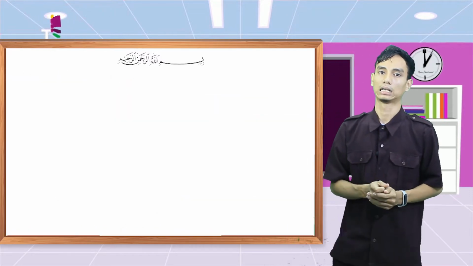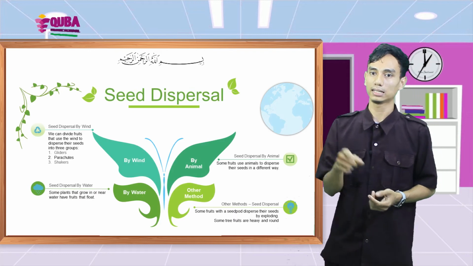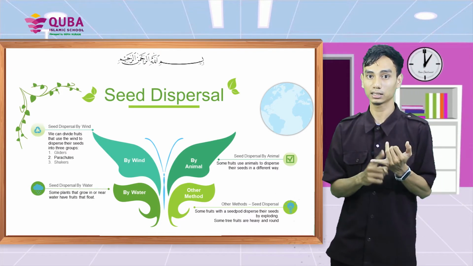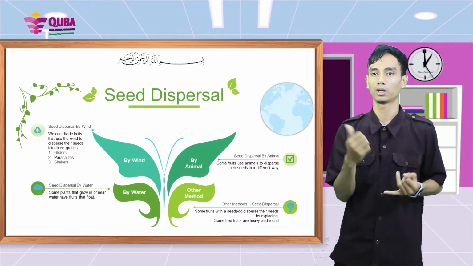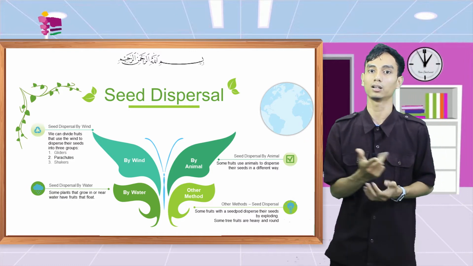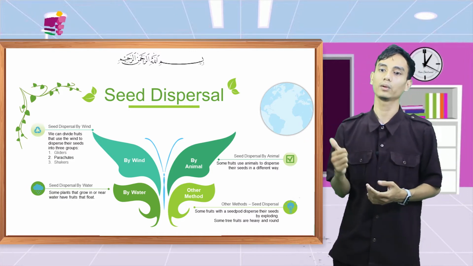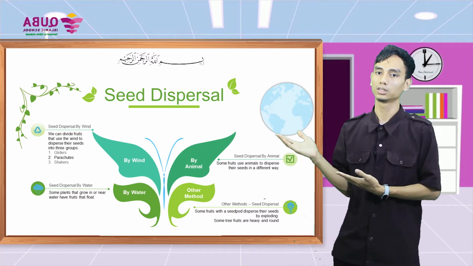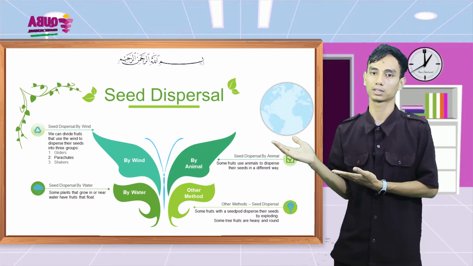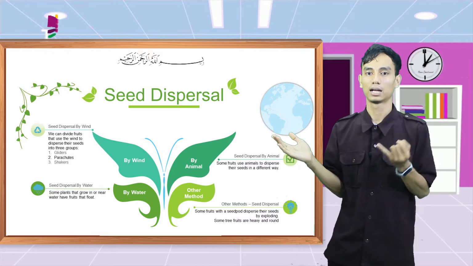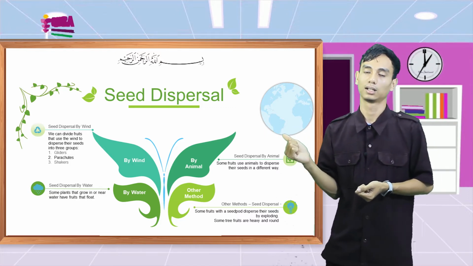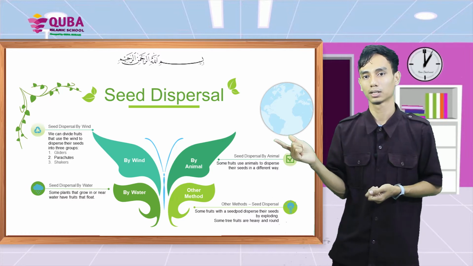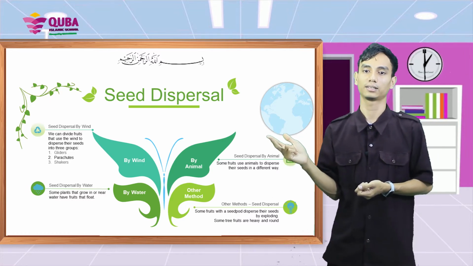Seed dispersal. This topic is seed dispersal by wind, by water, by animals, and other methods. Seed dispersal by wind. We can divide fruit that use the wind to disperse their seed into 3 groups. The first, gliders. The second, parachutes. And the third, shakers.